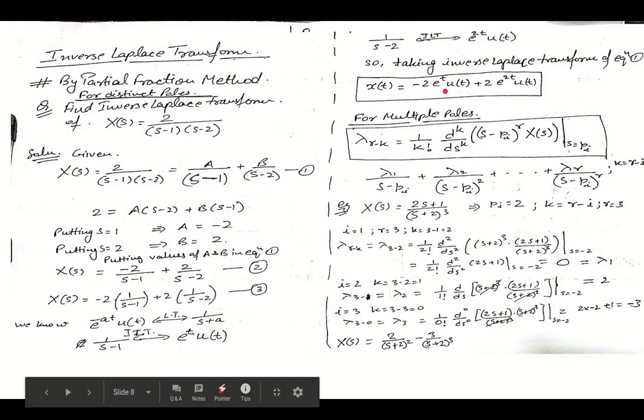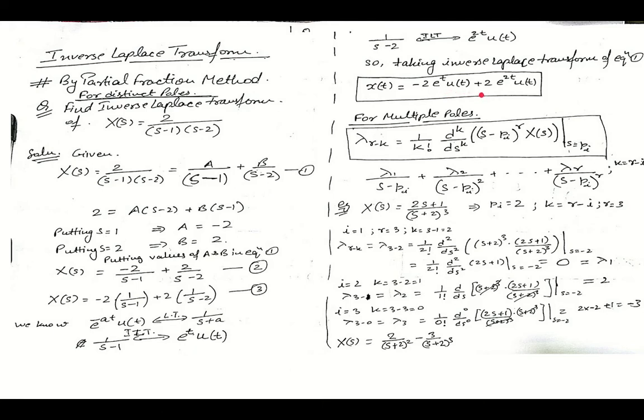So we can put e to the power t u(t) in this equation. Similarly, for the other expression, 2 we can put as it is. For 1 upon s minus 2, we can write e to the power 2t u(t). Now, this method was basically for distinct poles.